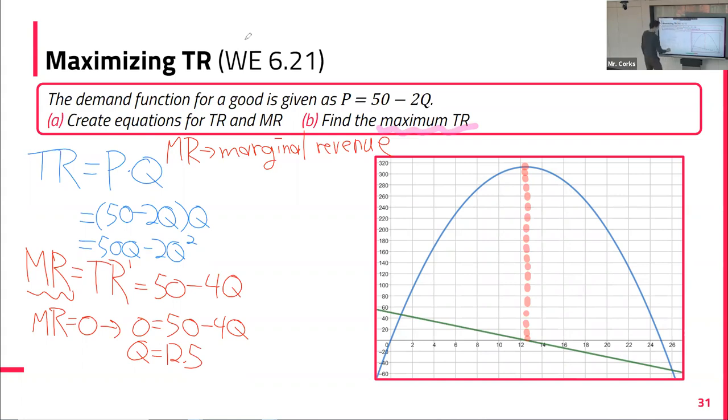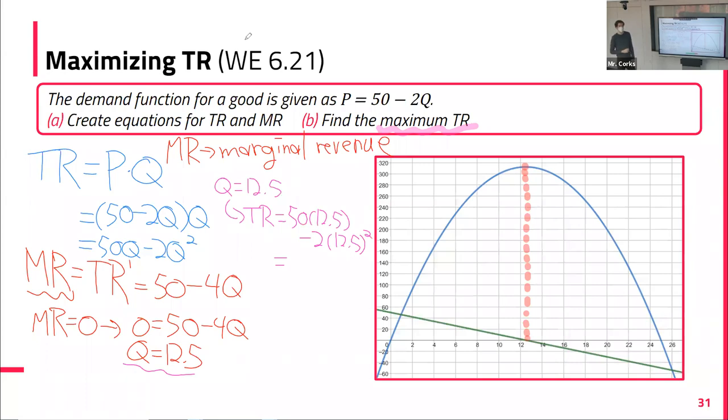Okay, so we take this 12.5, the location of the maximum, and we put it back into our total revenue. So where Q is equal to 12.5, total revenue is 50 times 12.5 minus 12.5 squared.